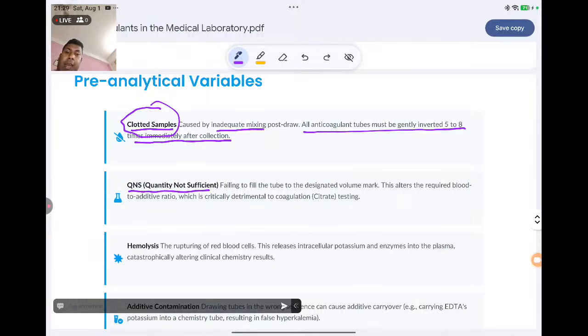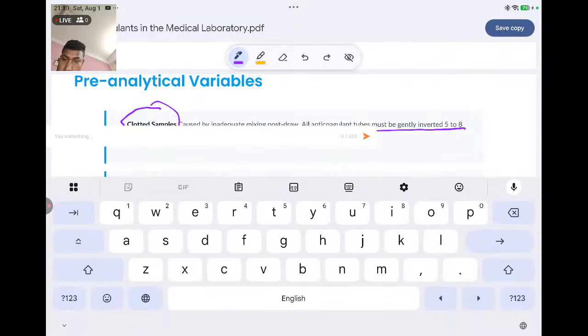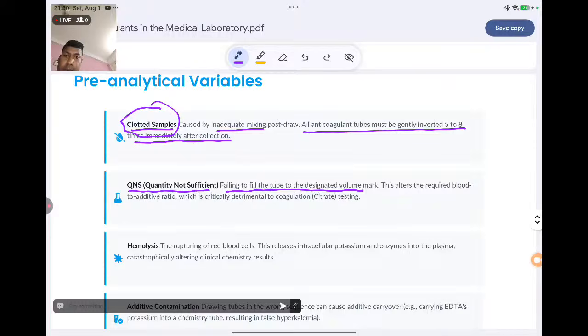Now, if we fail to fill the tube up to the designated volume mark, means if we do not sufficiently fill the tube, then it will be very detrimental in coagulation testing.